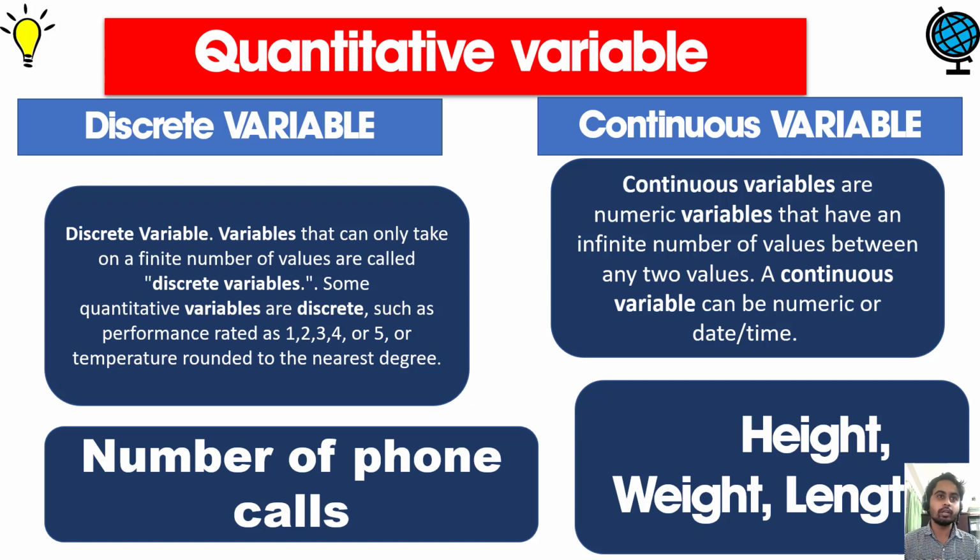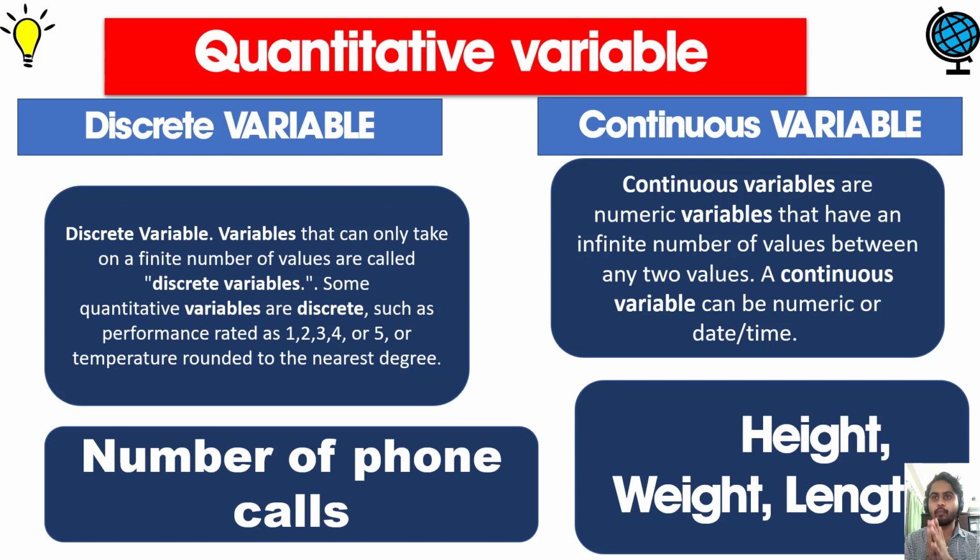So you cannot take a fraction value. As mentioned here, variables that can only take on a finite number of values are called discrete variables. Some quantitative variables are discrete, such as performance rated as 1, 2, 3, 4, 5. You cannot take 3.5 or 4.5. And for the continuous variable, this is a numeric variable that has an infinite number of values between any 2 values.